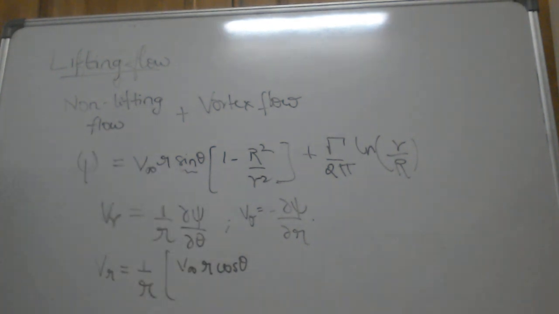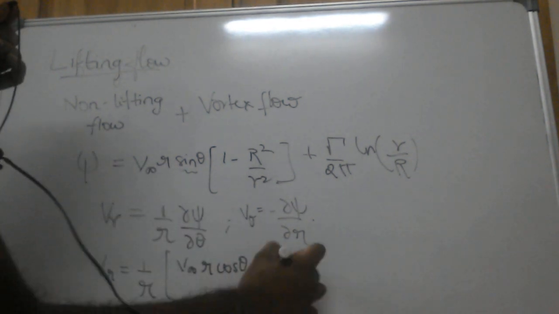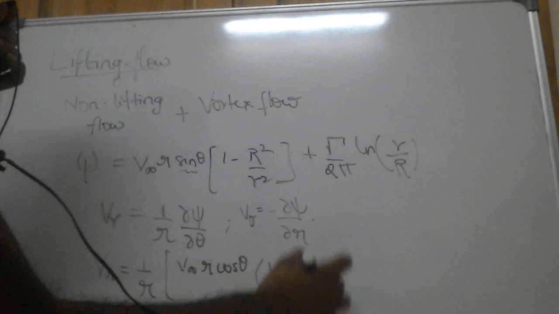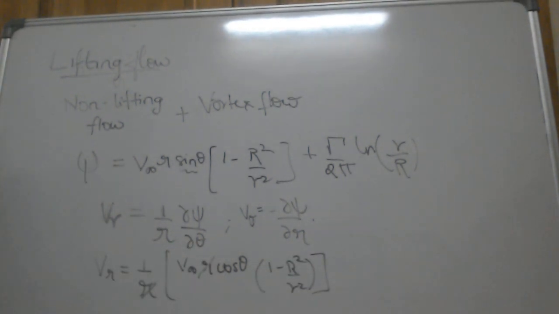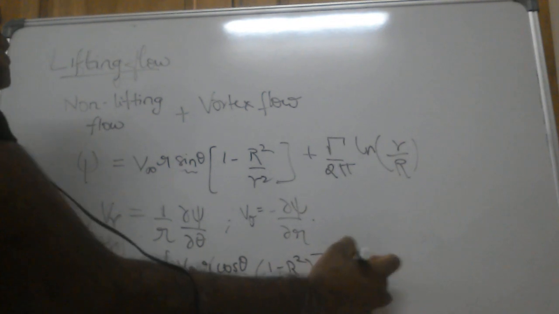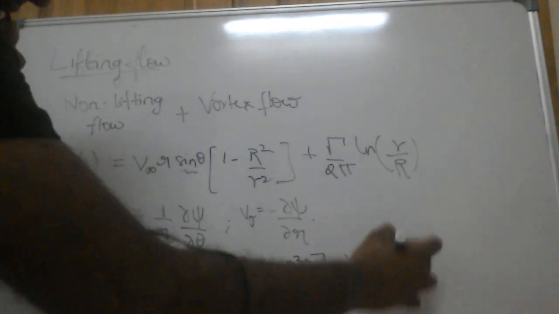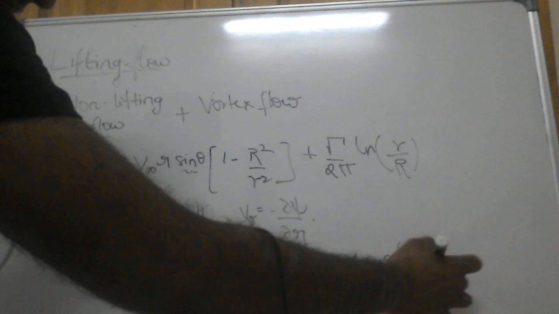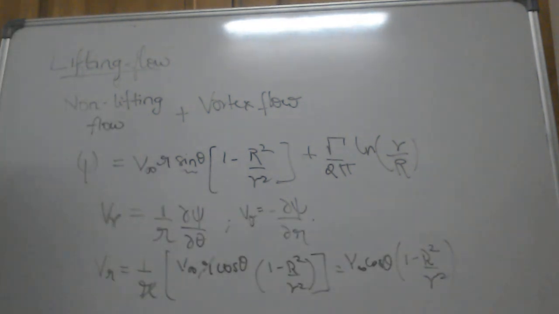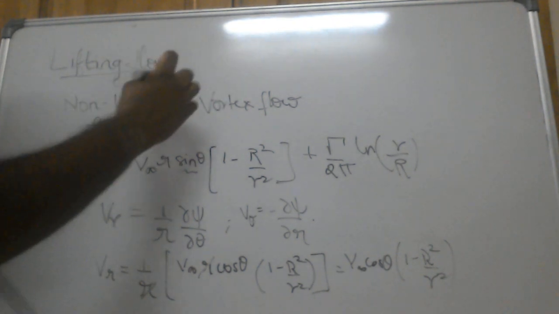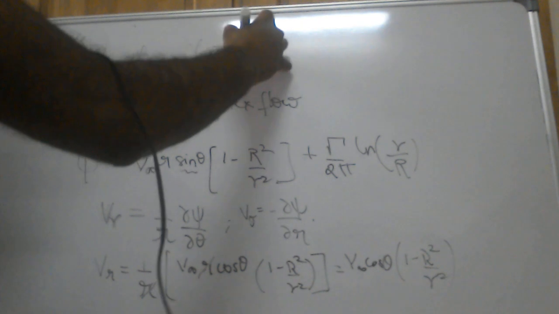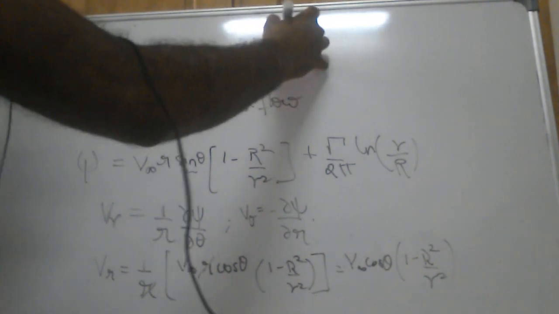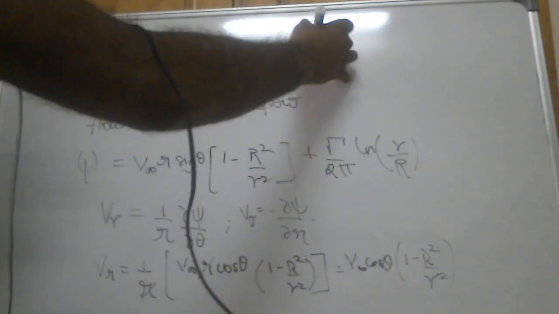The derivative of sine theta is cos theta into 1 minus capital R squared by small r squared. Now this r and this r get cancelled. Now that leaves me with V infinity cos theta into 1 minus capital R squared by small r squared. So let me just write this down separately here. So we have Vr is equal to V infinity cos theta into 1 minus capital R squared by small r squared.